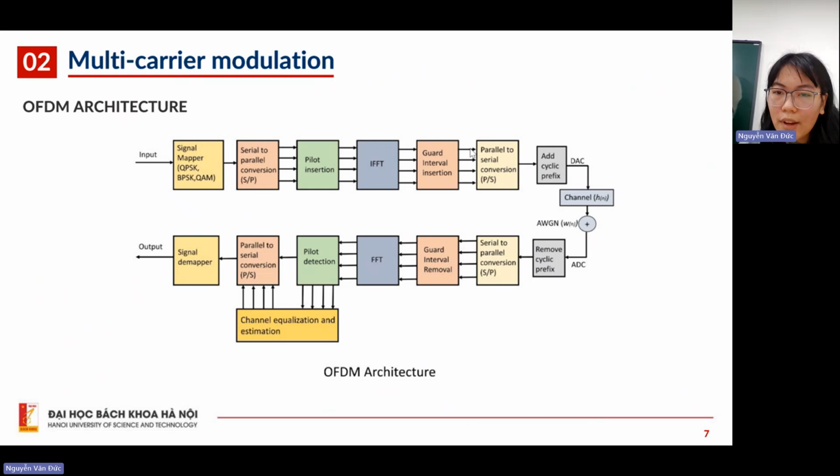So here is the cyclic prefix. This will help to remove ISI. And the below part is used for the demodulation.